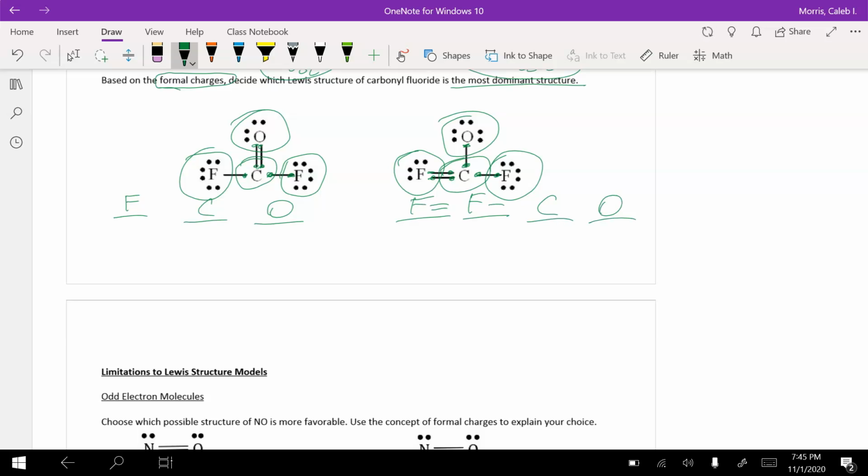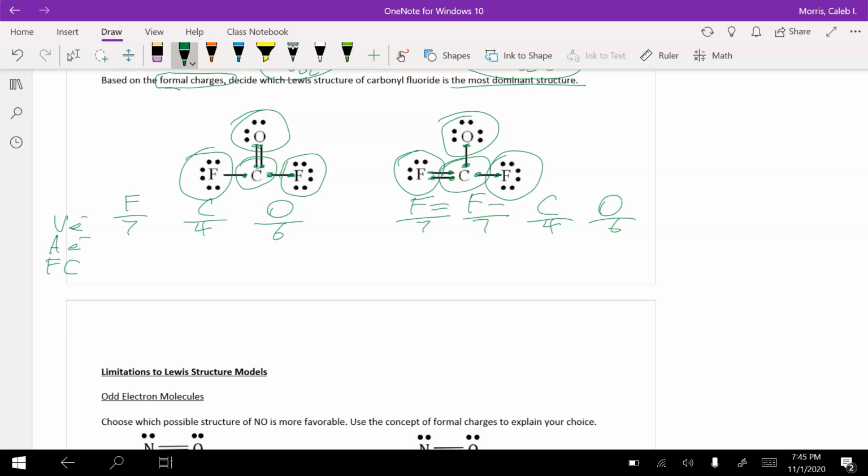Okay, fluorine is in group 17, so it's got 7 valence electrons. We always do valence electrons minus assigned electrons to find the formal charge. So we have 7 valence electrons for fluorine. We've got 4 for carbon because it's in group 14, and oxygen's in group 16, so we have 6 valence electrons.